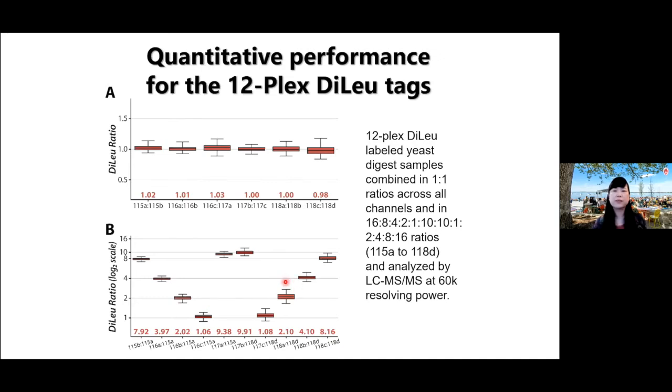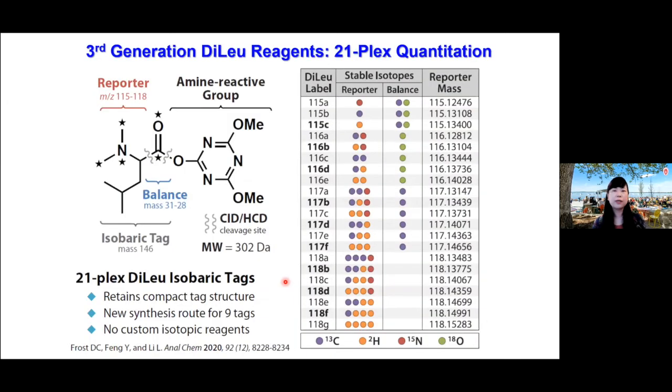So then we ask ourselves the question, can we go even further? We note that if we can shrink the mass difference between the adjacent quantitative channels, for example to 3 millidalton, we can design a 21-plex DiLeu. Showing here again, just to remind you, this is the same compact chemical structure.